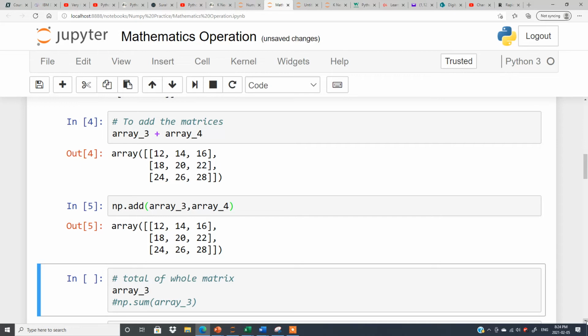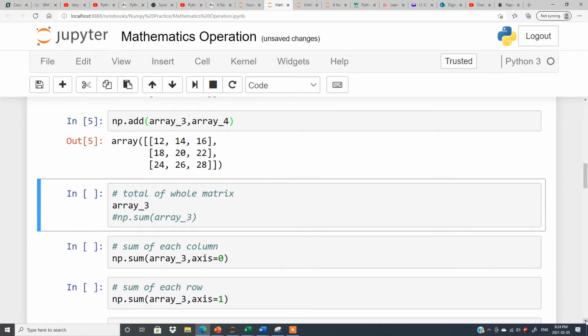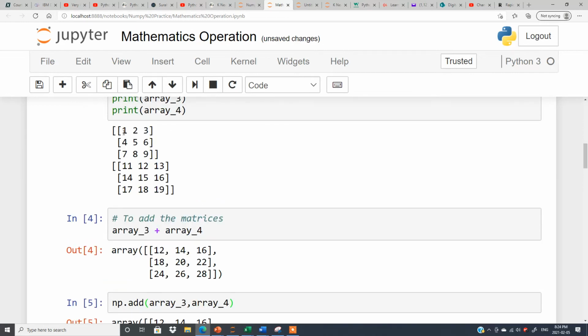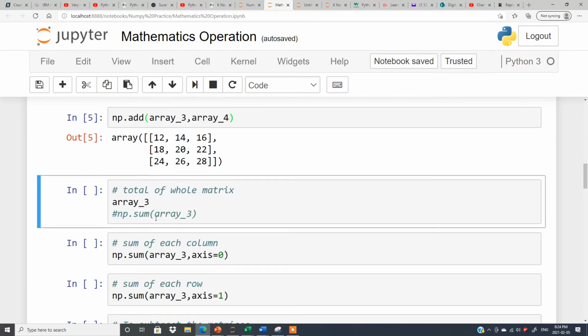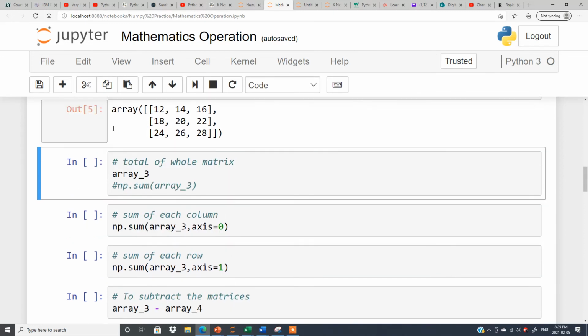Okay, now suppose this is my matrix 3. If you want to add all the entries together, just like 1 plus 2 plus 3 plus 4 plus 6 plus 5 and so on, then you have to use the sum function. So you should be very careful. What is the difference between add and sum?